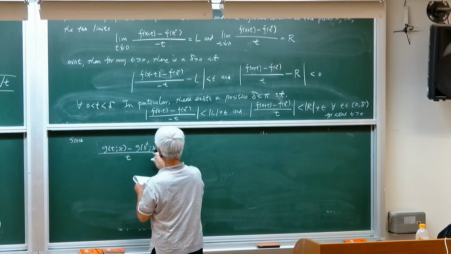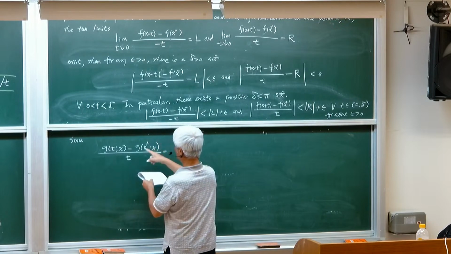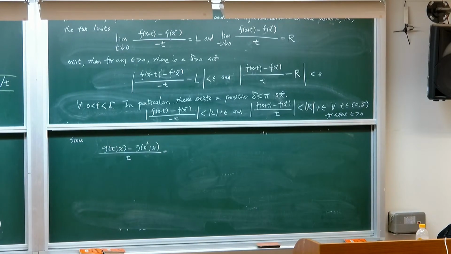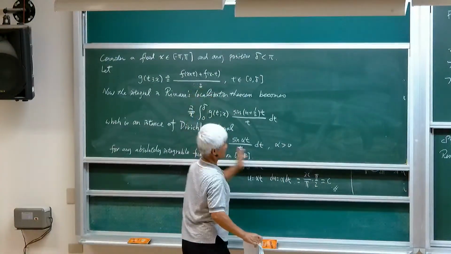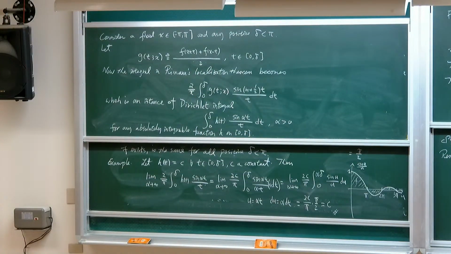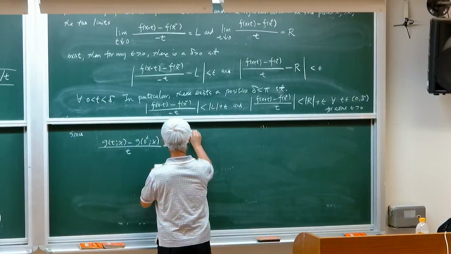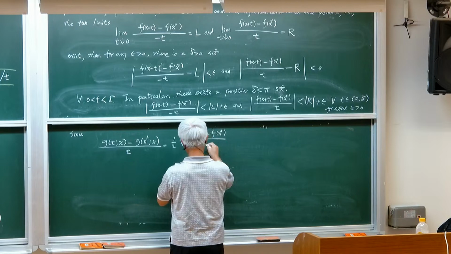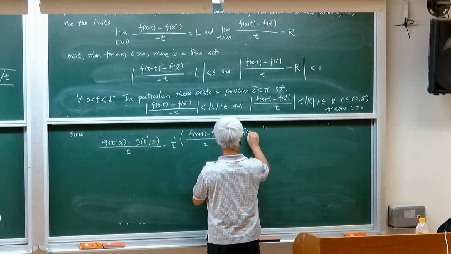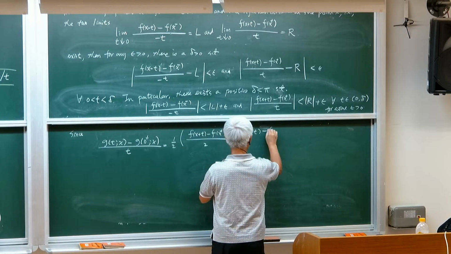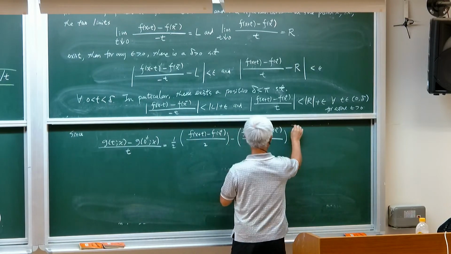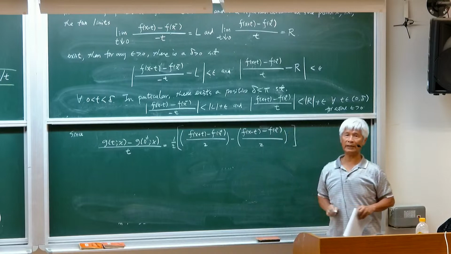Then by substitution of the definition here, and by substitution of this limit, we have 1/2 times (f(x + t) − f(x+)) divided by t, minus (f(x − t) − f(x−)) divided by t.